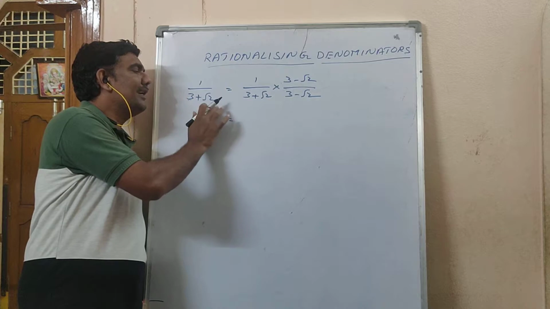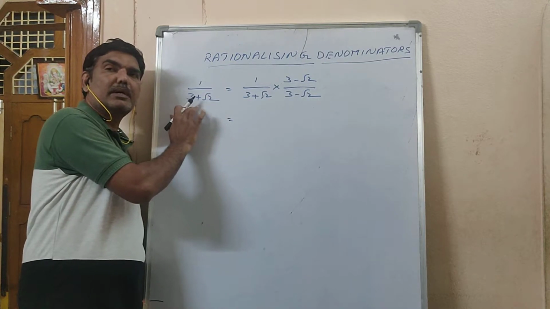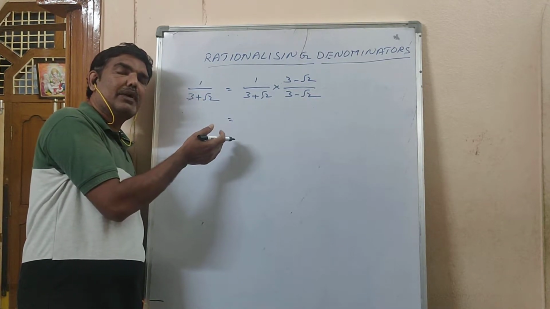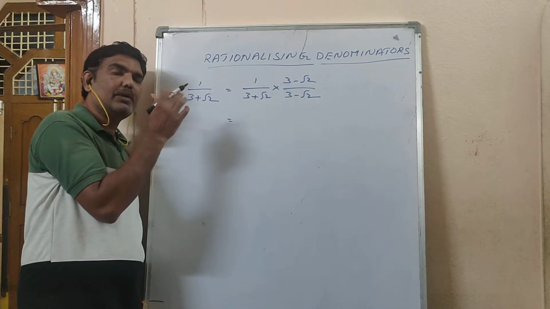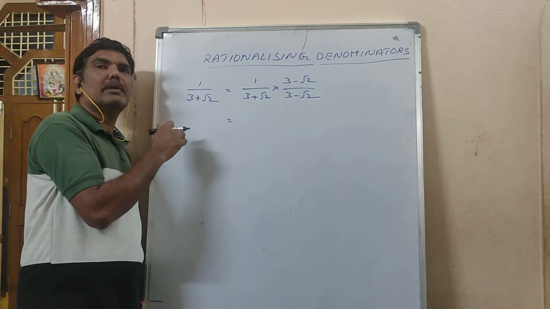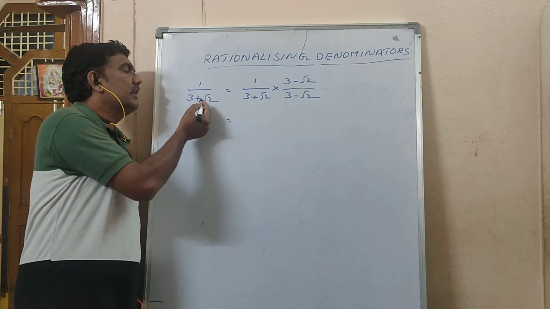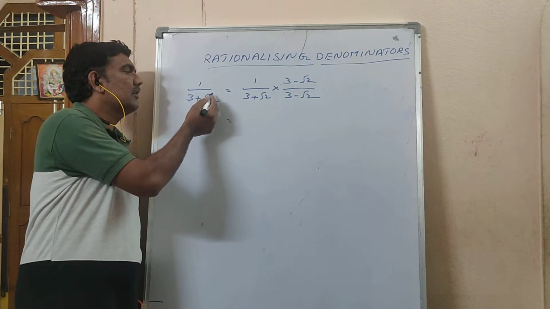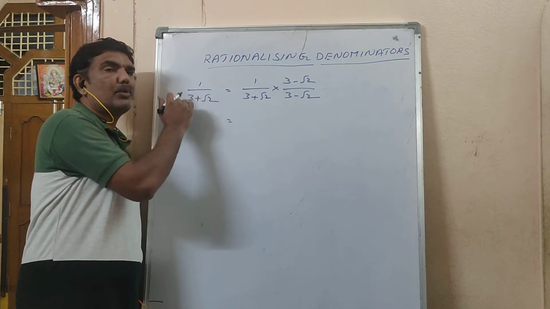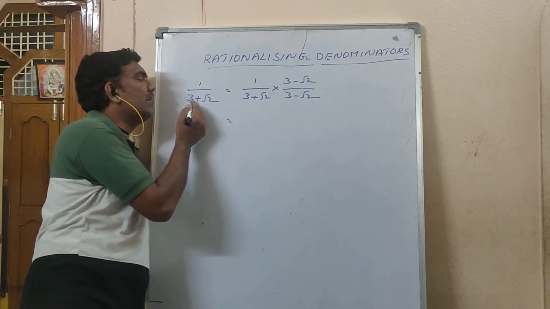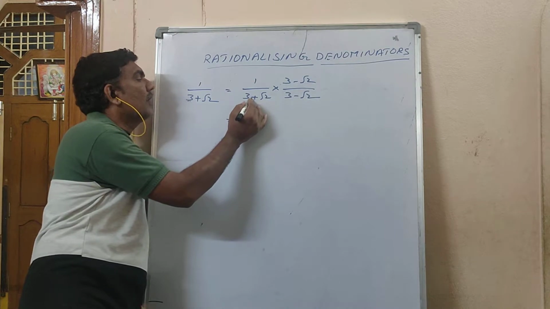In the question, in the denominator we have an irrational number. In the answer, what you have to get is a rational number in the denominator. For that, since it is a second order surd, its reciprocal or rationalizing factor will differ only in the middle symbol.